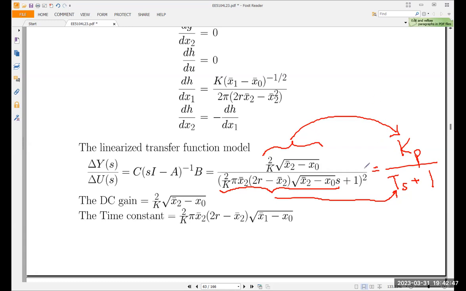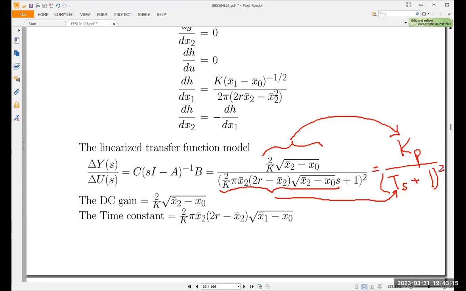Oh, there's a square here. Okay, then we like to call this gain. Then sometimes we like to call this T the time constant. That's our usual way of doing things. So you basically look like that.